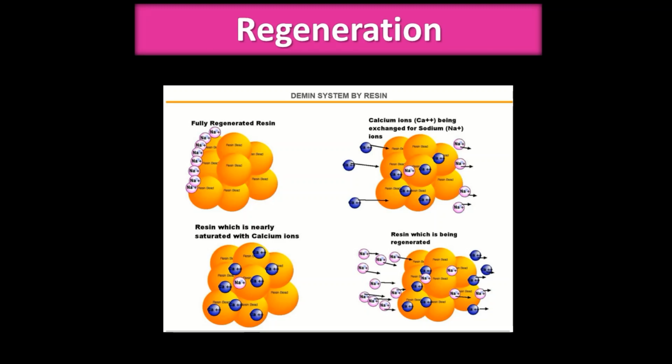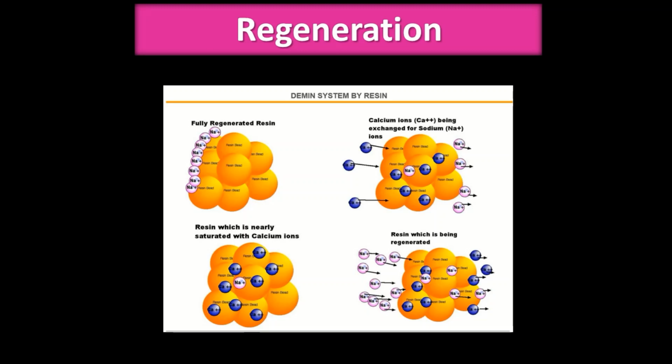Then it loses its ability to exchange ions, which means that the resin becomes exhausted. Now we have to regenerate the exhausted resin for further use. So how is regeneration going to take place? Now we are going to discuss that.